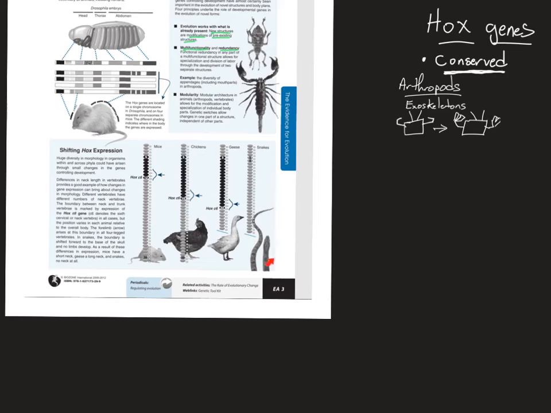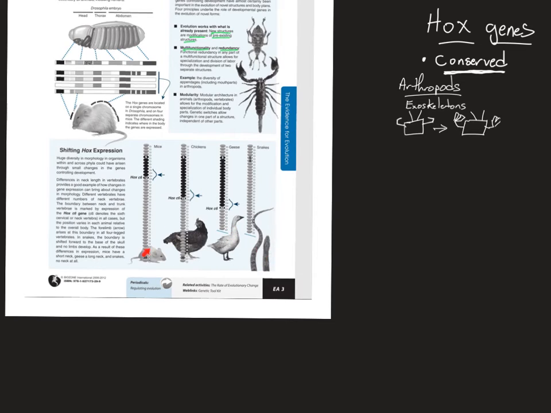The mouse, the snake who has no neck, still has a HOXE6. And the chicken still has a HOXE6. But because there's this redundancy, you can increase the number of vertebrae from zero, right, from nothing, no vertebra in between the two, no cervical vertebra, right, to something that has the largest number of cervical vertebrae.